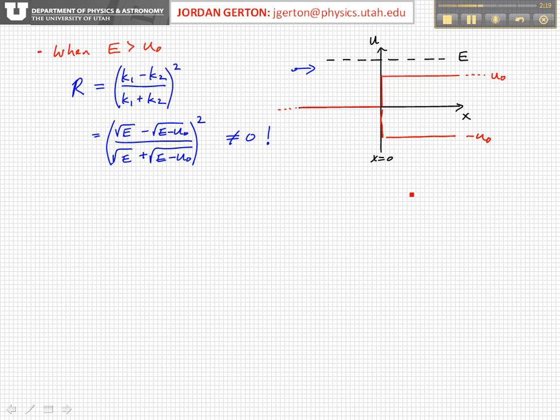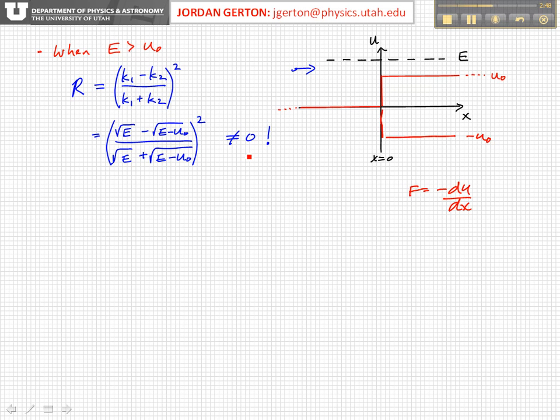Again, since F is equal to minus dU/dx, at this position with this step down potential dU/dx is negative, and so the force is positive. So classically the particle will get accelerated to the right, and here, despite that, quantum mechanics says that the particle has some probability of getting reflected back to the left.